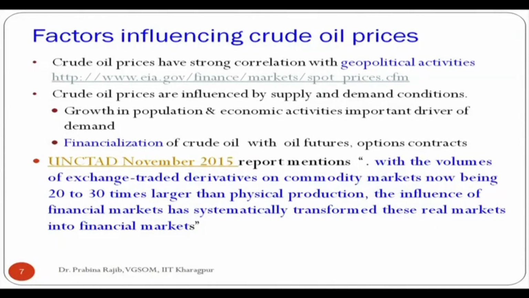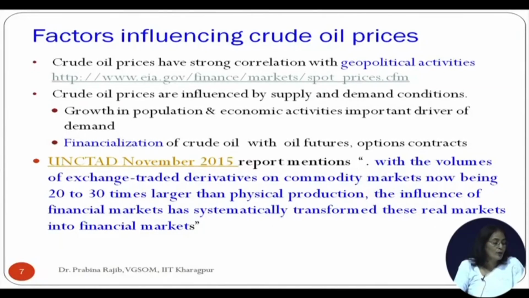The UNCTAD November 2015 report mentions that with the volumes of exchange traded derivatives in commodity markets now being 20 to 30 times larger than the physical production, the influence of financial markets has systematically transferred the real market into financial markets.